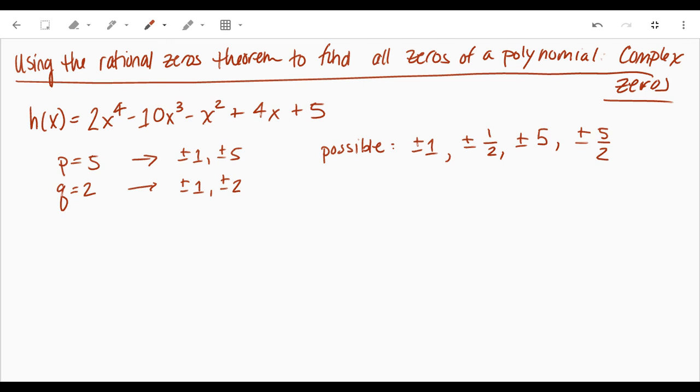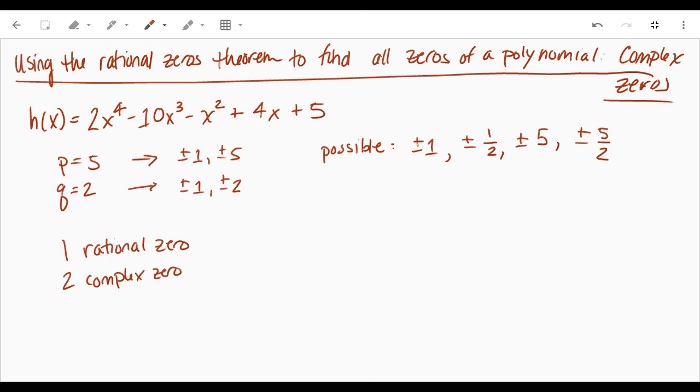We already know that we're going to have complex zeros, but remember those come in pairs. So if we have one complex zero, that means we have two complex zeros. And the fact that we have one rational zero, because it tells you that in the problem. So we're going to have one rational zero, two complex zeros.